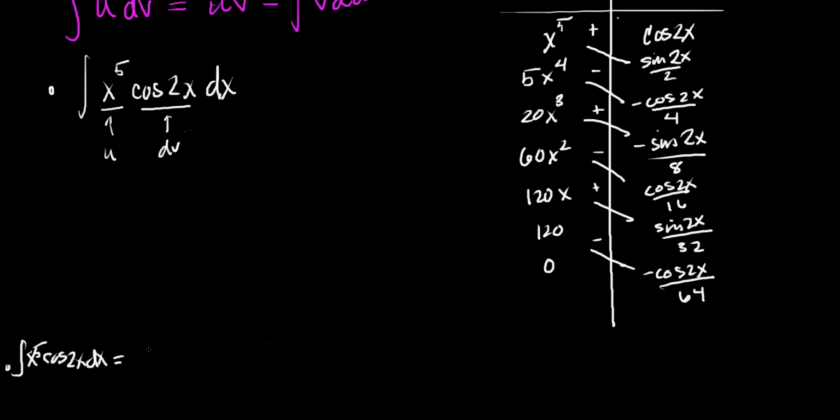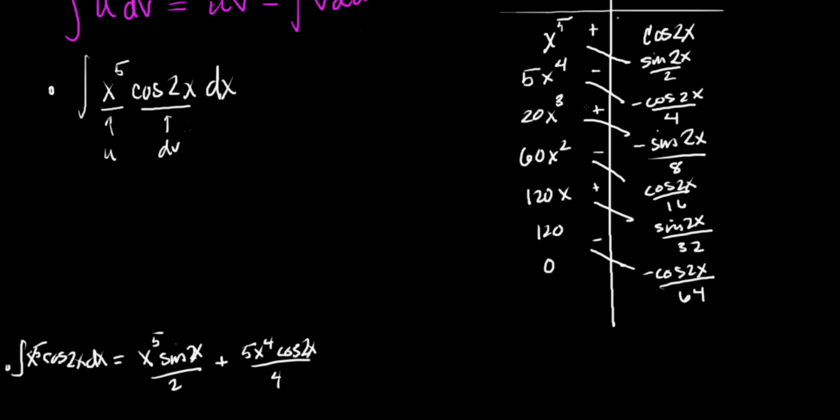So we have positive x to the fifth multiplied by sine of 2x over 2. Okay, the next thing we are supposed to subtract 5x to the fourth times negative cosine. So now we have to account for that negative, and that becomes a positive out front. So it'd be cosine of 2x, and this is all over 4.